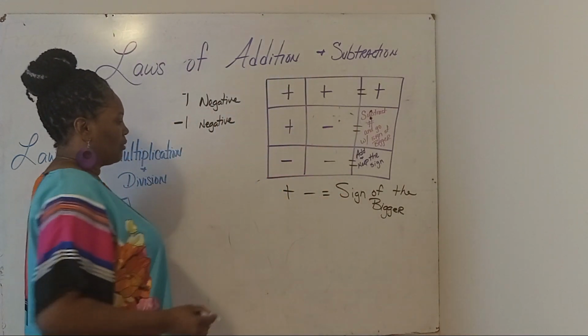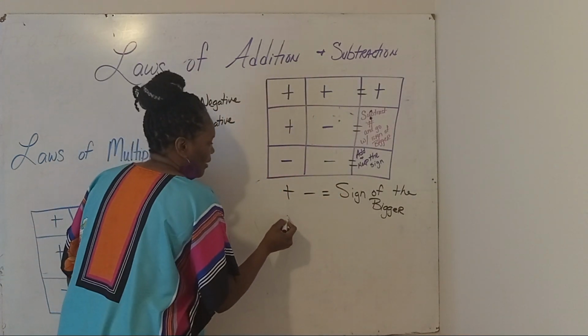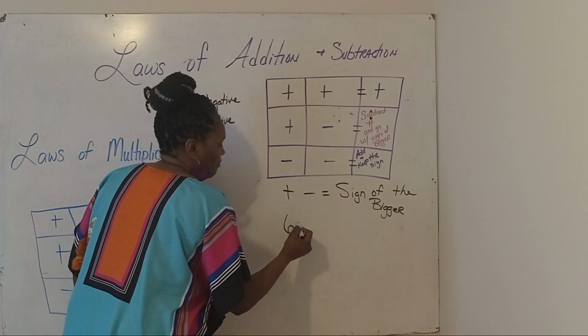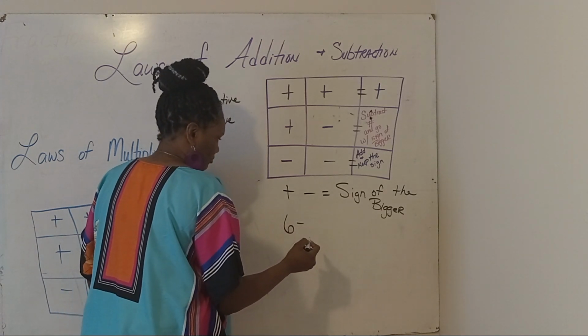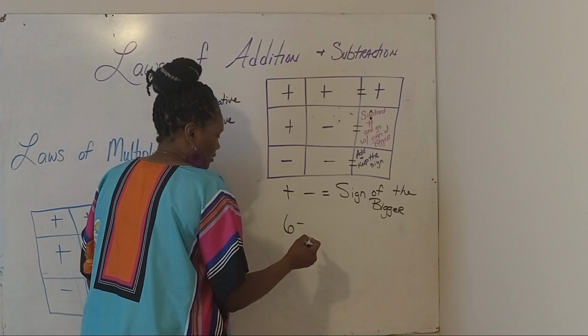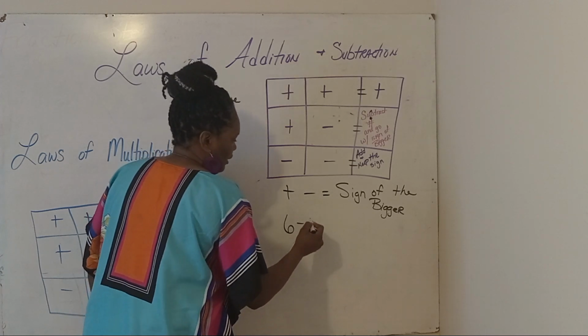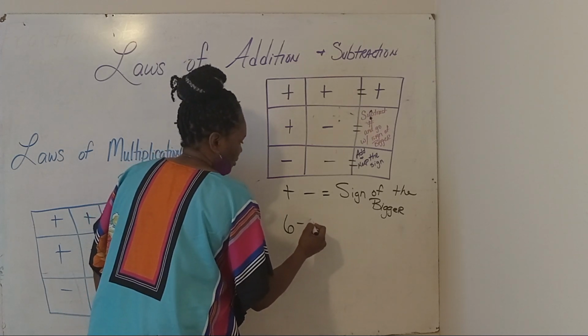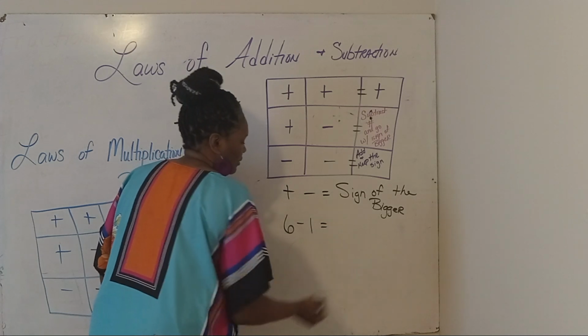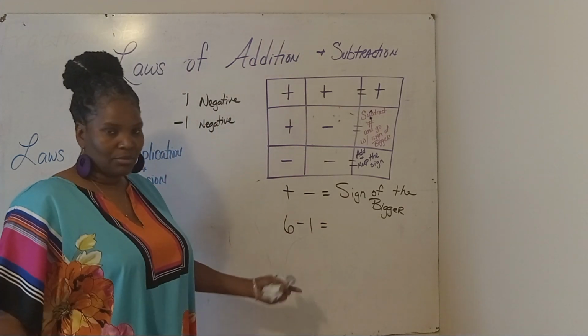Okay, so let's say we have 6 minus 1 equals what? 6 minus 1 equals 5.